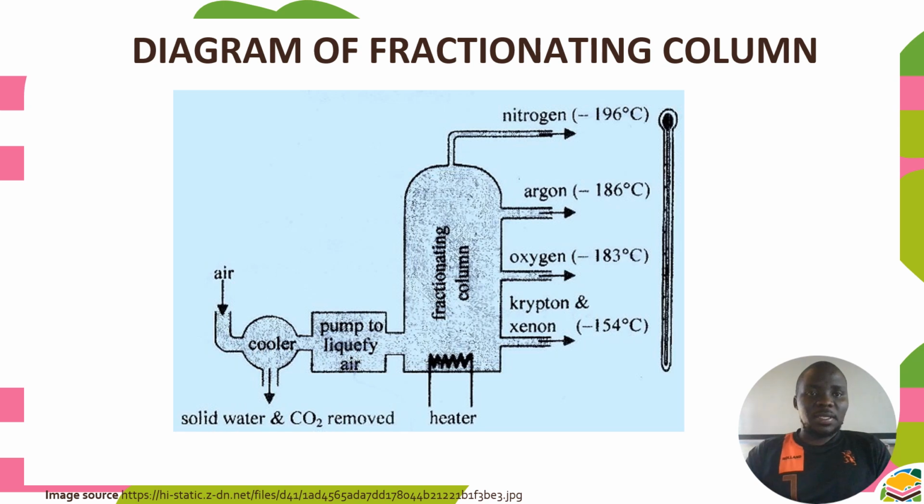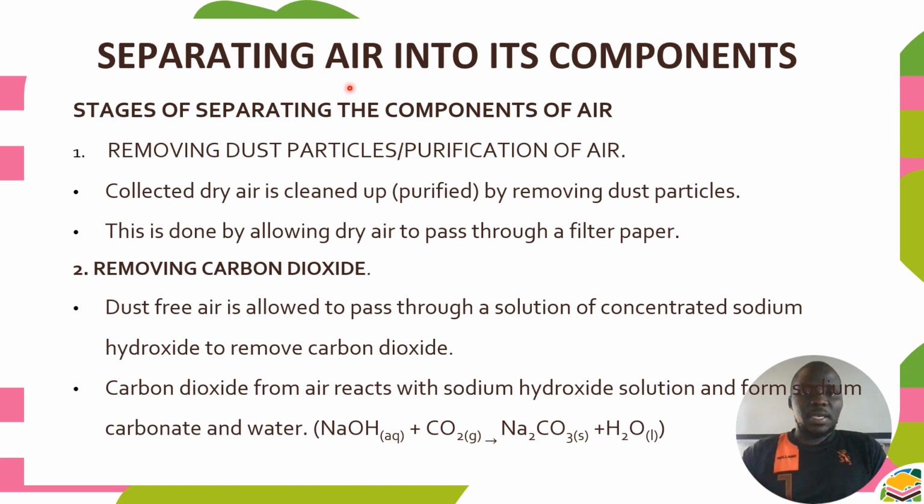So let us look at the process of separating each component from air. Separating air into its components can occur in stages, because there are a lot of things that you need to take into consideration first. So it occurs in stages.